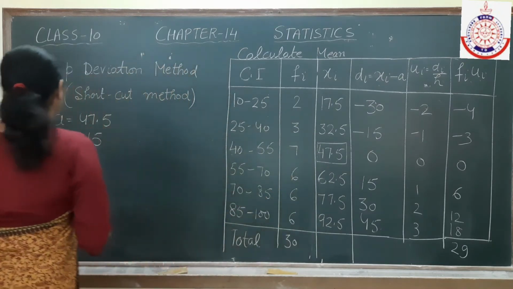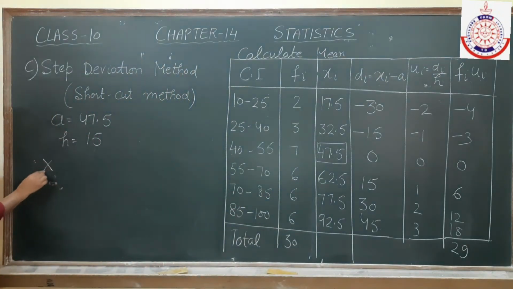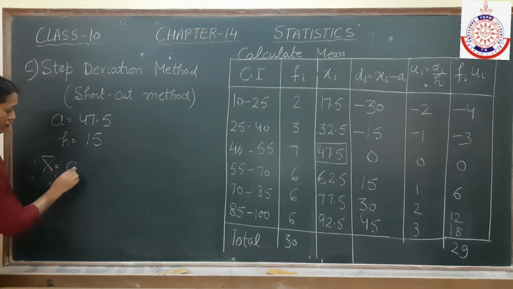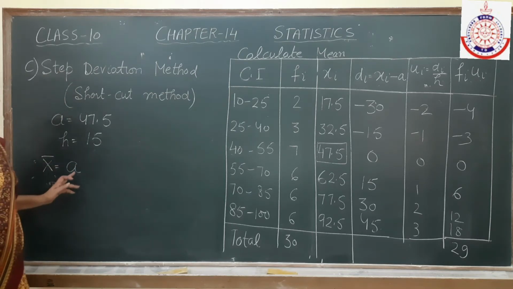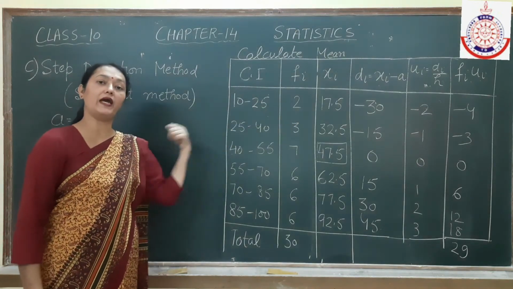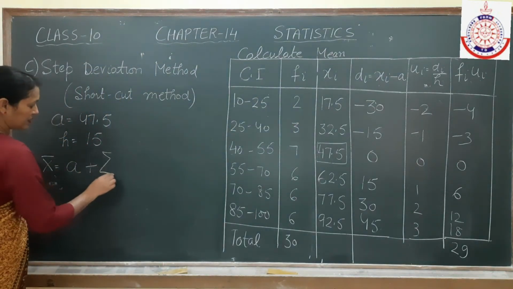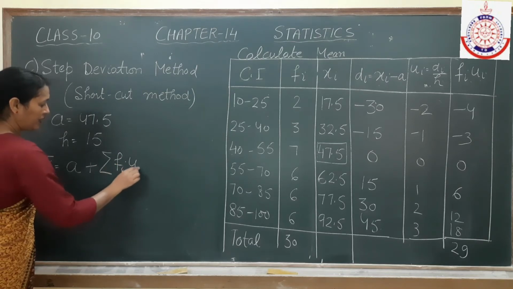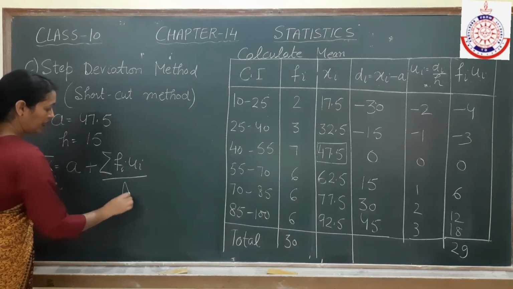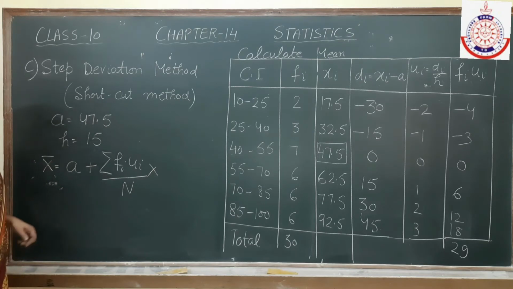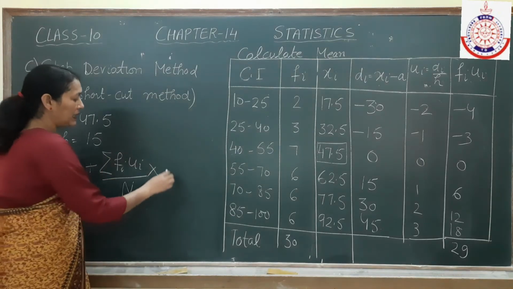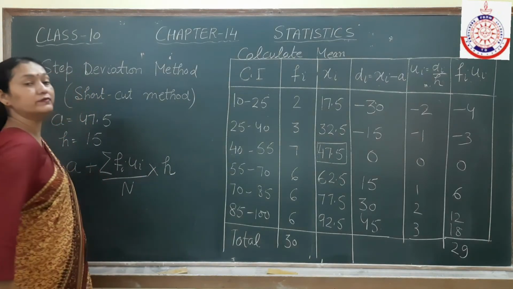Now what is the formula in the case of the step deviation method or shortcut method? First of all, we subtracted A from everywhere, so we'll be adding it back: A plus sigma Fi ui divided by n. But each value was being divided by h, so we will be multiplying by h.